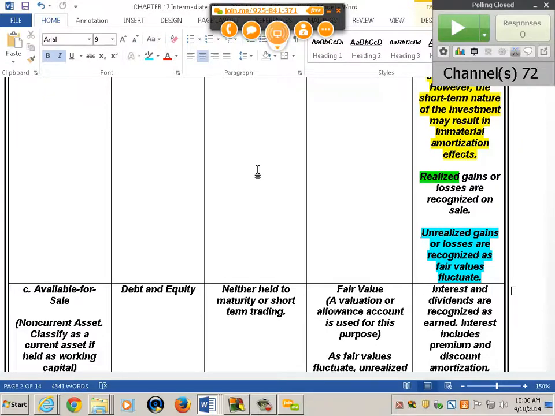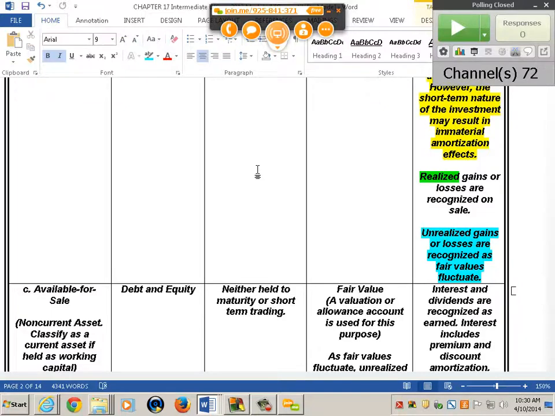Now, why does this go into net income? Unrealized gain. What do we say about putting it into comprehensive income? Well, in this case, everything points toward an income recognition because, number one, short-term holding means that you expect cash flow very quickly. So putting it in the income statement isn't going to be a problem. You have high probability of short-term cash realization. And it is part of your normal operations.